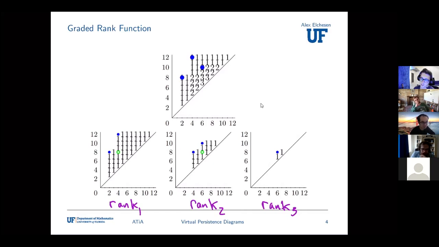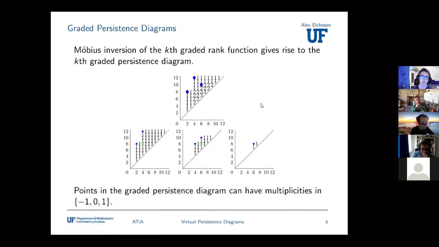The interesting thing, so we know that Möbius inversion of the rank function gives the persistence diagram. So what happens if you Möbius invert this graded rank function? What you get is what we call virtual persistence diagrams.